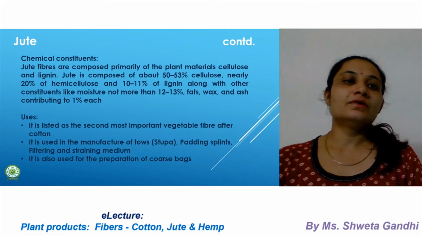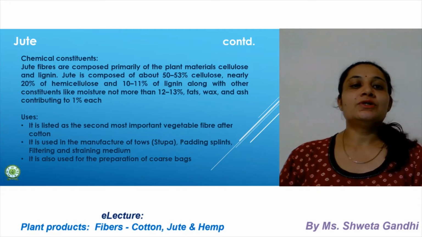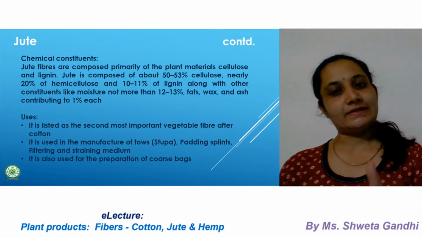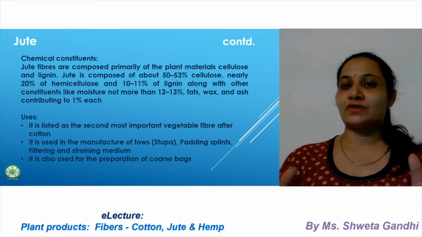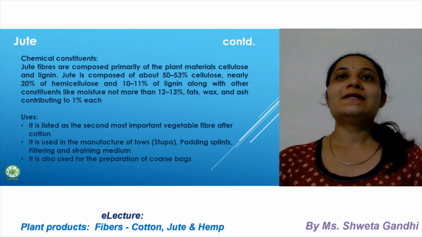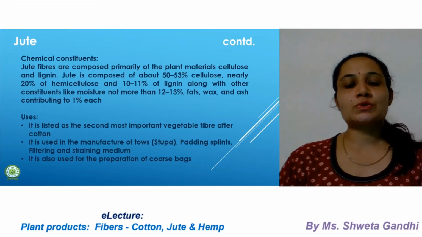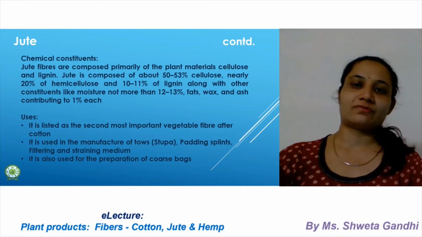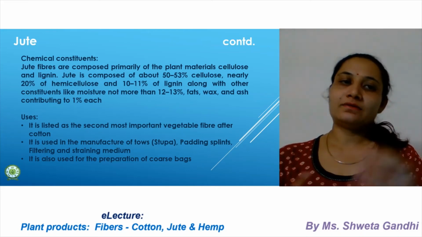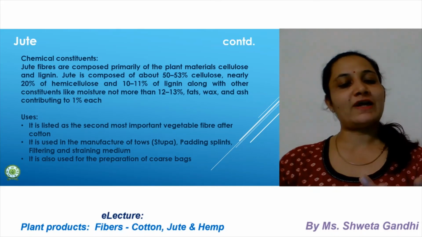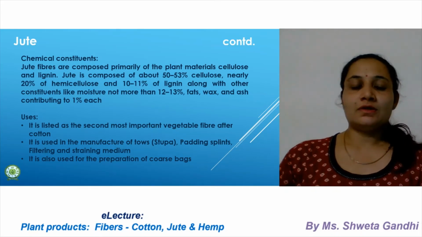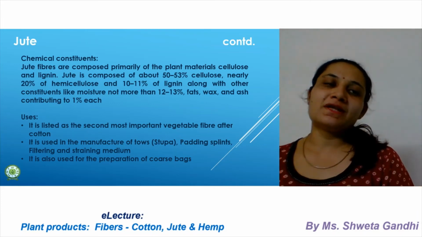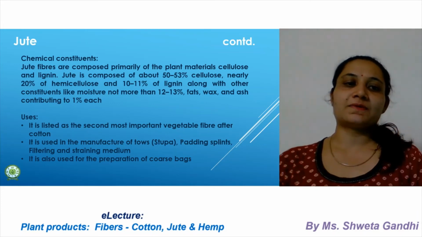Chemical constituents: jute fibers are composed of the plant materials cellulose and lignin, that is 50 to 53% cellulose, nearly 20% hemicellulose, 10 to 12% lignin, and a little moisture, fat, wax and ash as impurities, and the major portion is 50 to 53% cellulose.